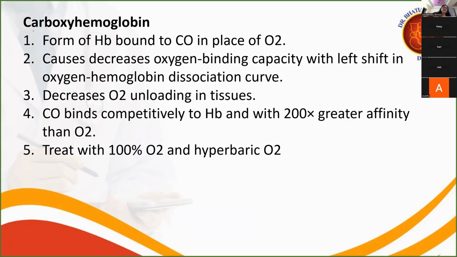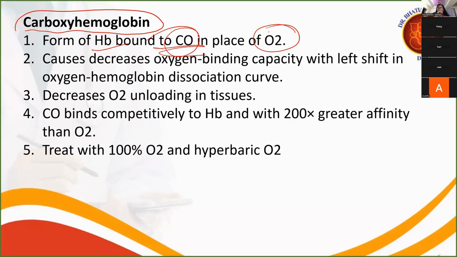So let us have a word about carboxyhemoglobin. Carboxyhemoglobin is a condition where carbon monoxide is bound to the heme component. So in place of oxygen, the hemoglobin is bound to carbon monoxide, which causes decreased oxygen binding capacity, and that will cause a left shift of the oxygen hemoglobin dissociation curve.